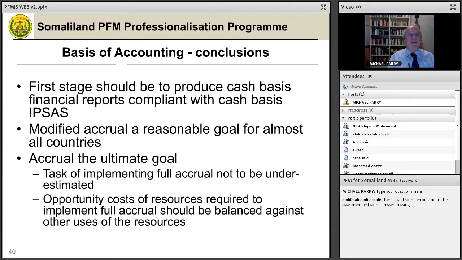It took the UK 10 years to implement full accrual accounting. And there is an opportunity cost of the resources that you will use to implement full accrual, which could be used for other purposes. So for most countries, other than rich and very well-resourced countries, although accrual may be the ultimate goal, it is not something that you should be rushing towards.